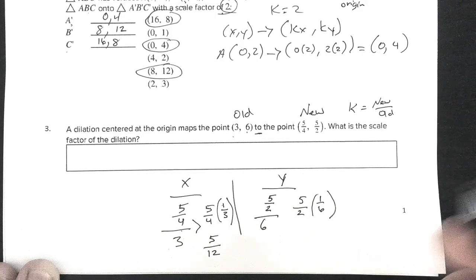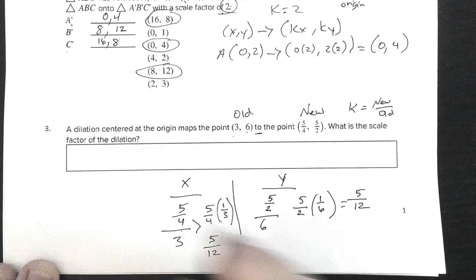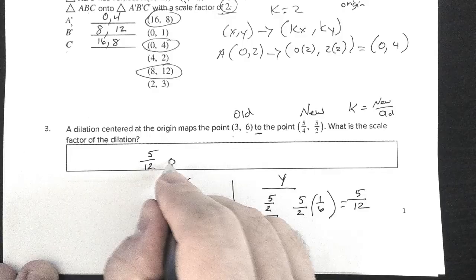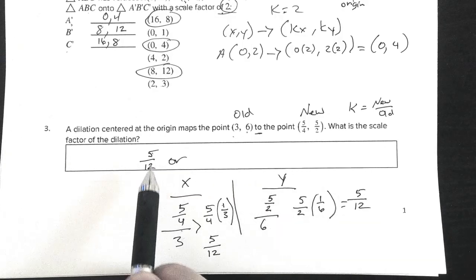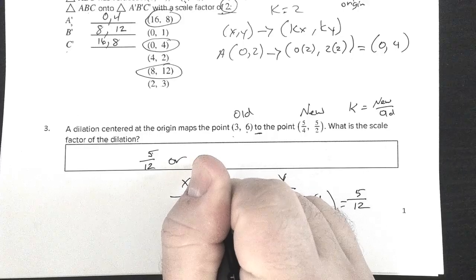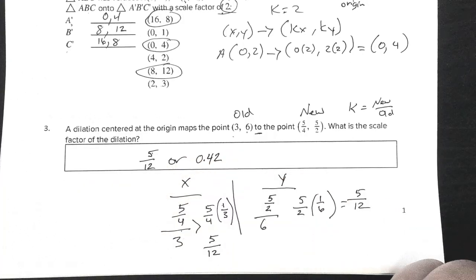Again, reciprocal. 5 times 1 is 5, 6 times 2 is 12. So your answer here is 5/12, or if you divide 5 by 12, it's 0.4167. We would say 0.42. I would accept both of those as correct.